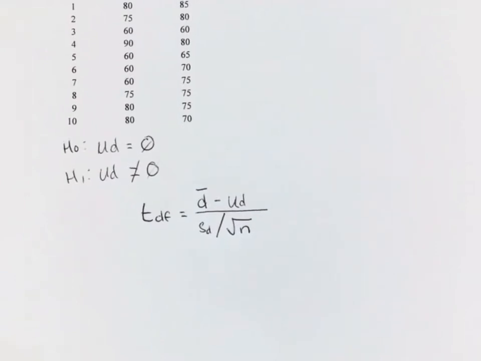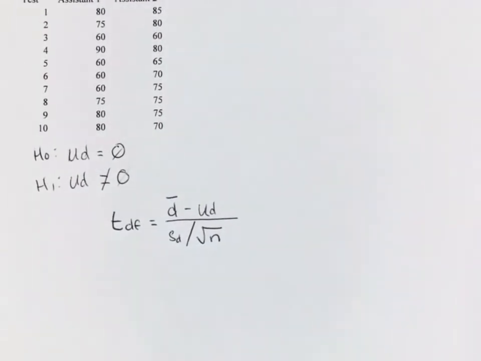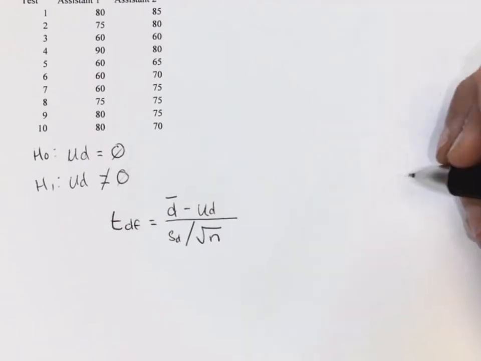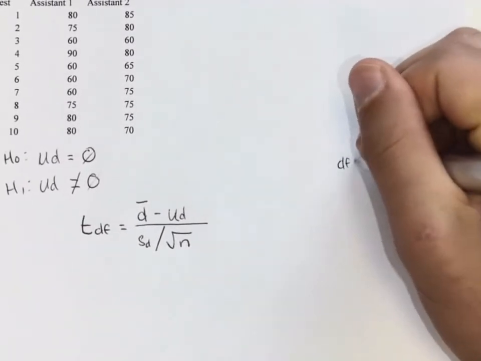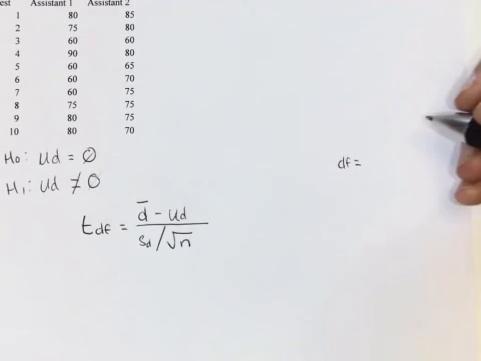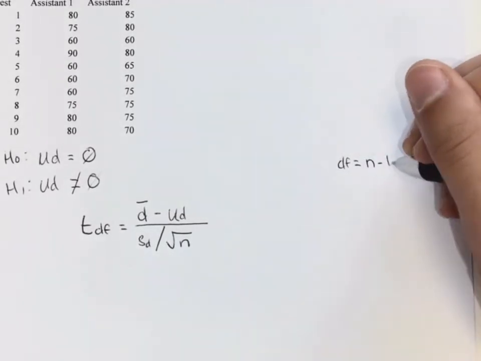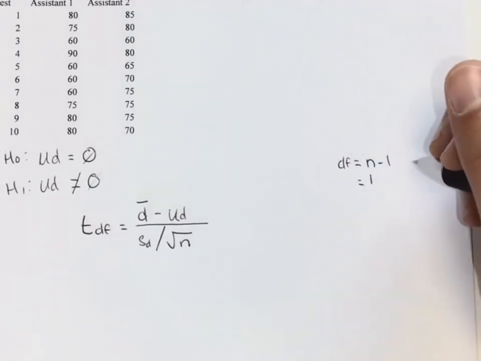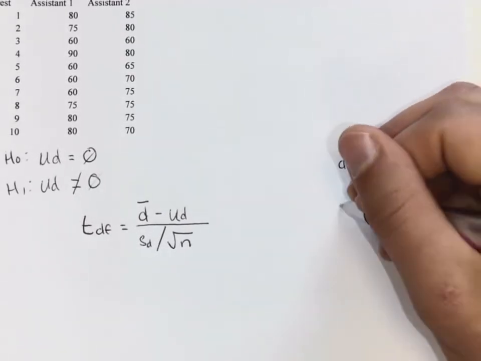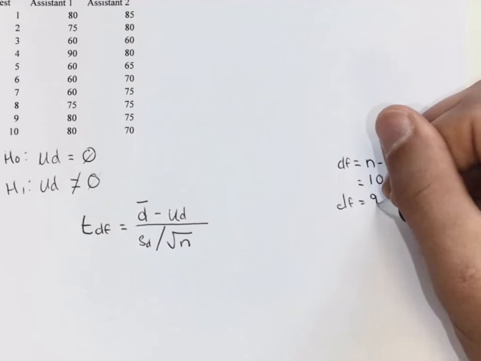So first thing we need to do is to determine our degrees of freedom. We'll do that on the right side here. In this scenario, degrees of freedom will be n minus 1. We have a sample of 10, so our degrees of freedom is 9.